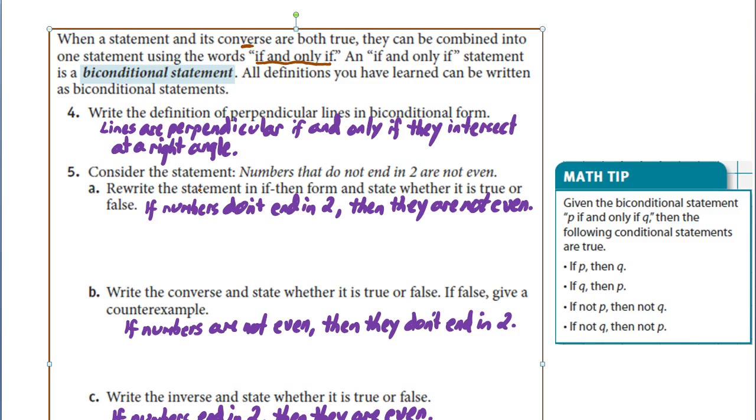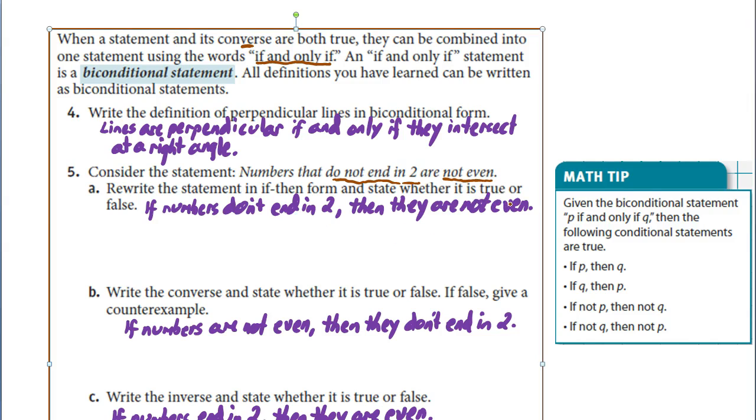Number 5, consider the statement, numbers that do not end in 2 are not even. We write this in if-then form. How about like this? If numbers don't end in 2, that's this piece here, then they are not even, and that's this piece here. I've rewritten it using the words if and then.